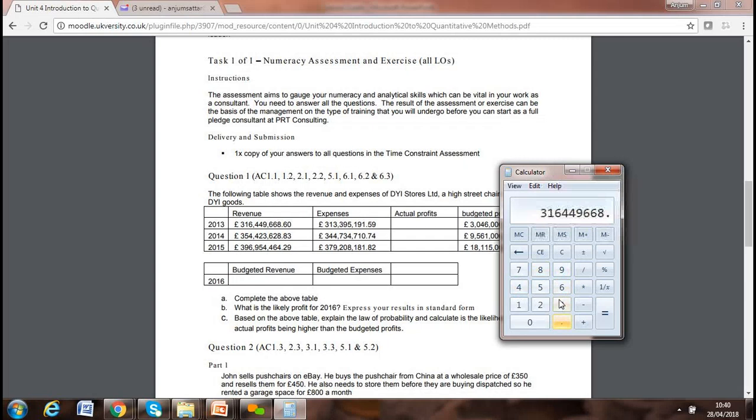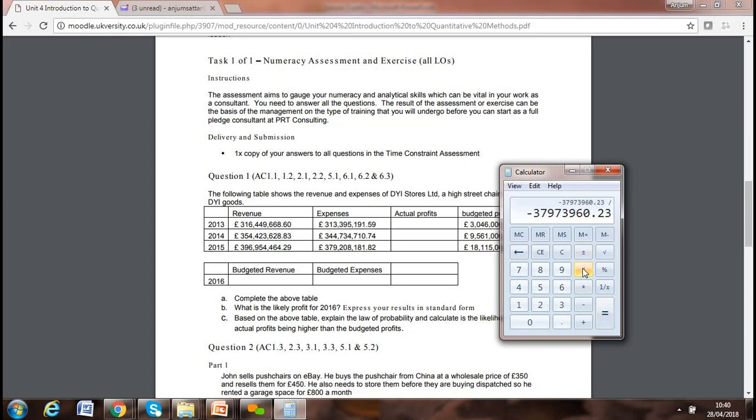316,449,668.60 was my 2013 minus 3,542,362,8.83. So that was my change between 2013 and 2014. Based on the 2013 figure, I can divide on the base year.